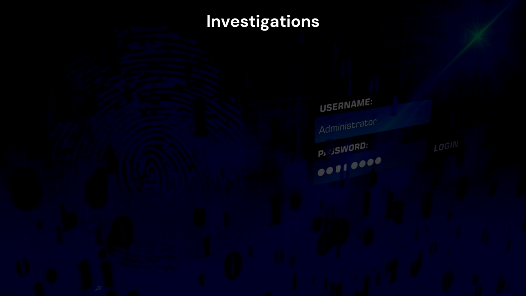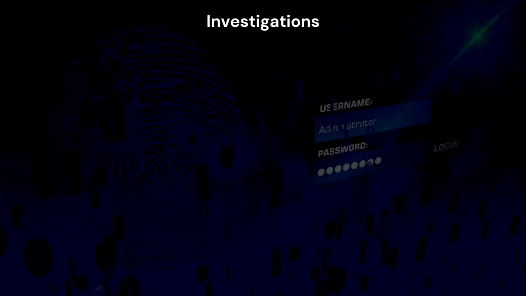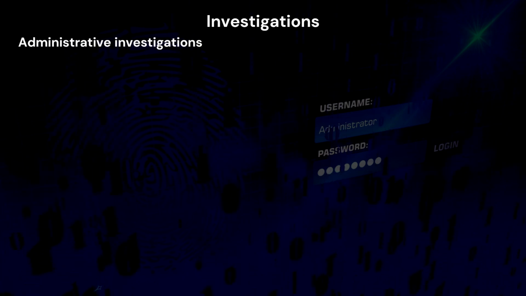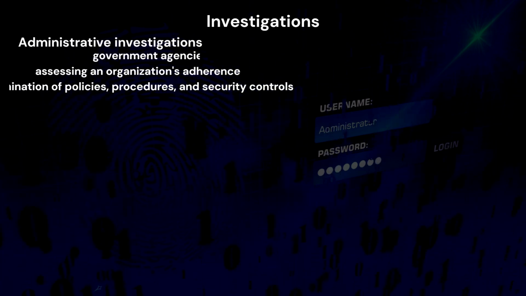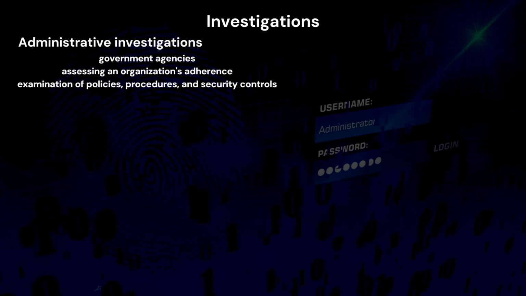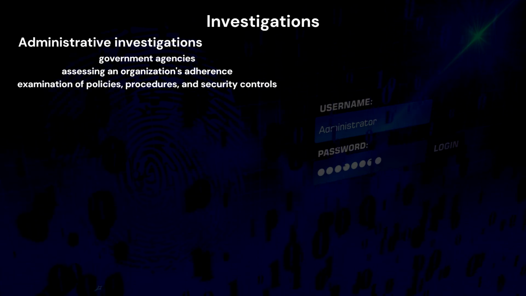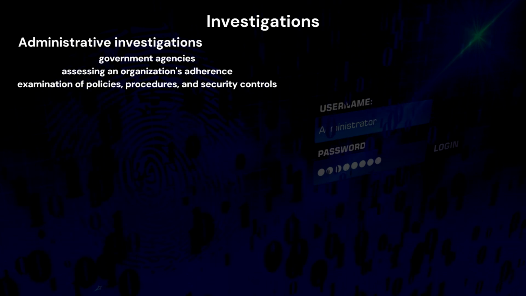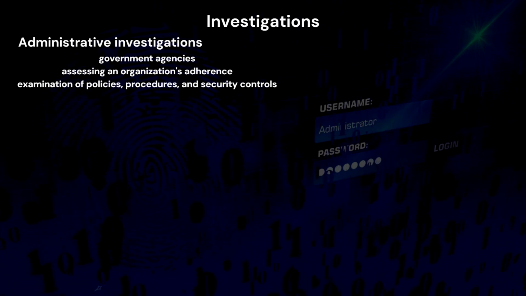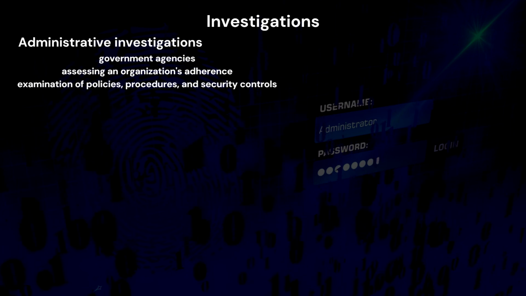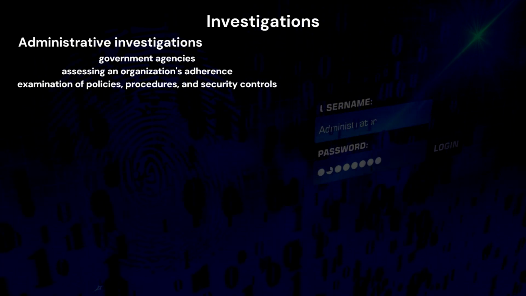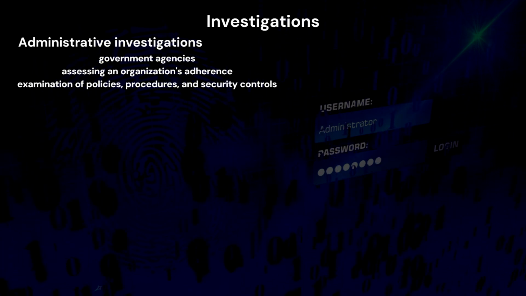Some of the key types of investigations in information security include administrative investigations, commonly carried out by government agencies, which focus on assessing an organization's adherence to pertinent laws and regulations concerning information security. Such inquiries typically revolve around the examination of policies, procedures, and the evaluation of security controls.